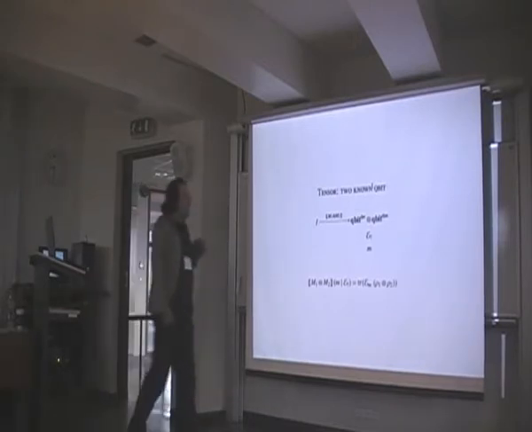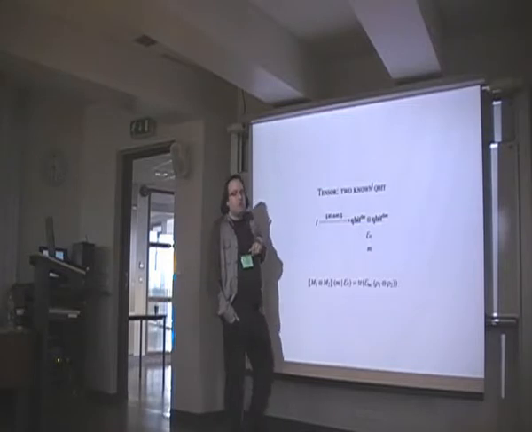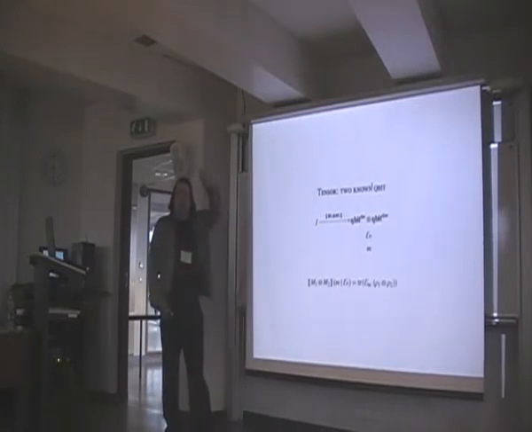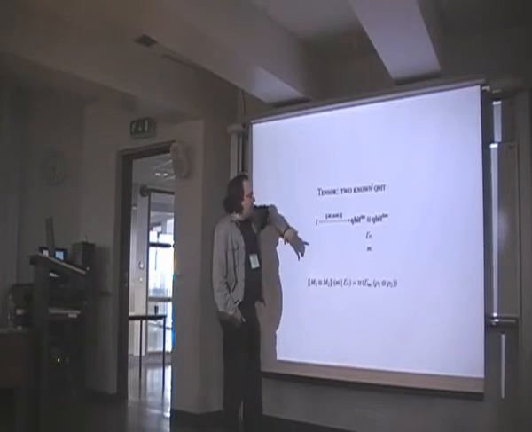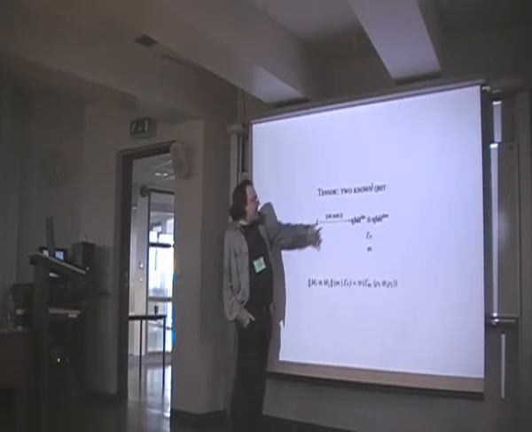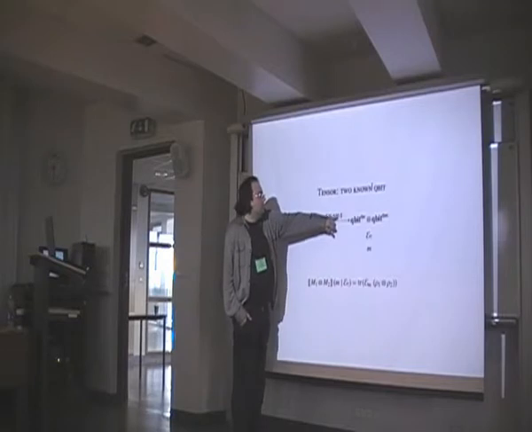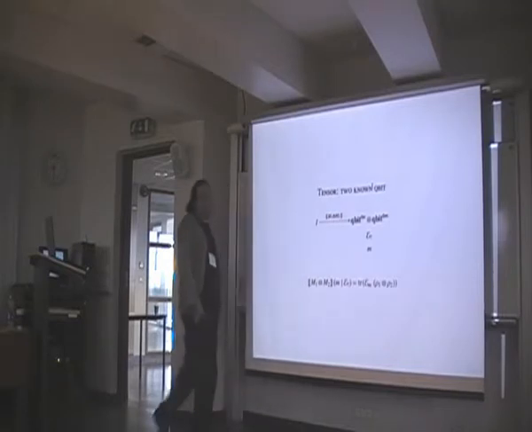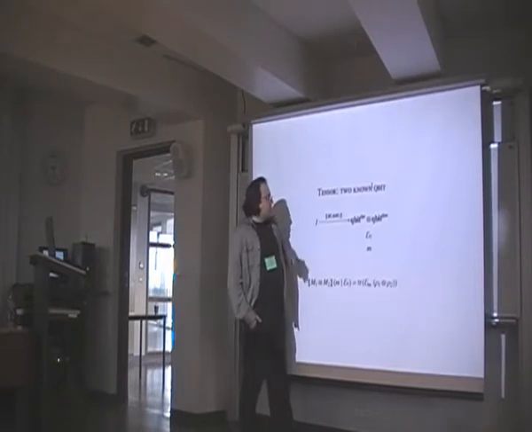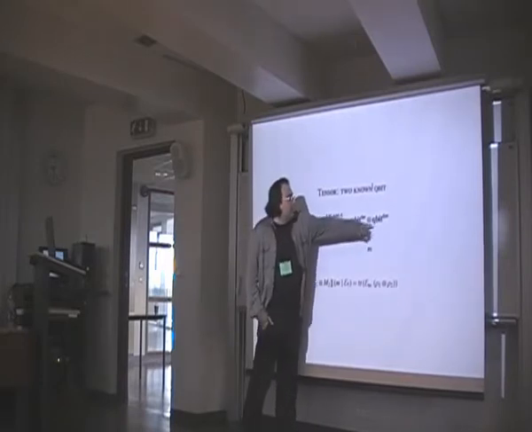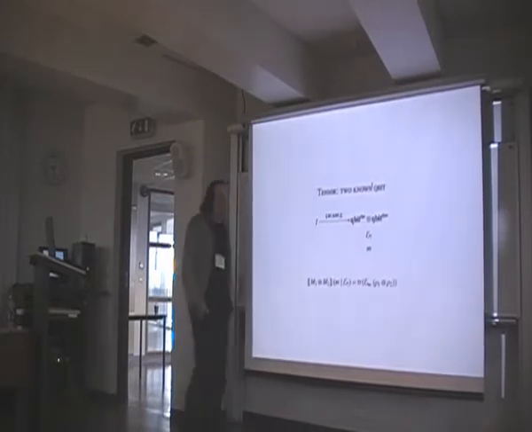So if we have two known qubits, that's one of the three tensor rules I gave earlier, we have interpretations of these two terms. We have strategies corresponding to these two terms, and we want to produce a strategy in the tensor product here.